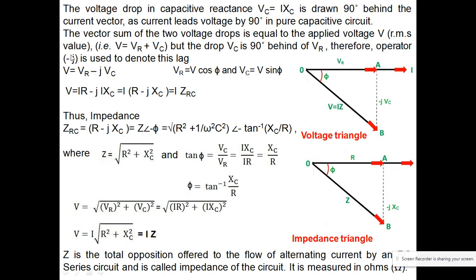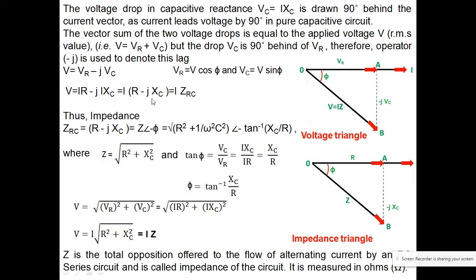We already discussed the j operator: we write positive j when we rotate anti-clockwise by 90 degrees, but in this case we rotate 90 degrees in the clockwise direction, so we put a minus sign here. In this way we can write our voltage in terms of the angle phi.